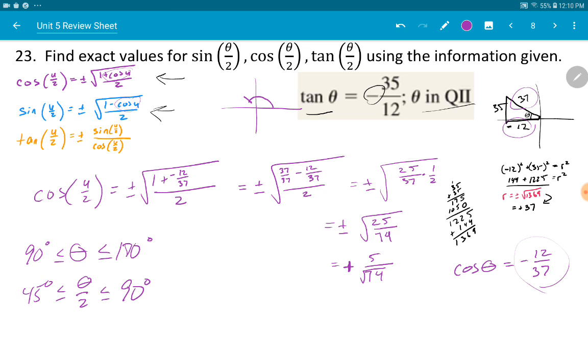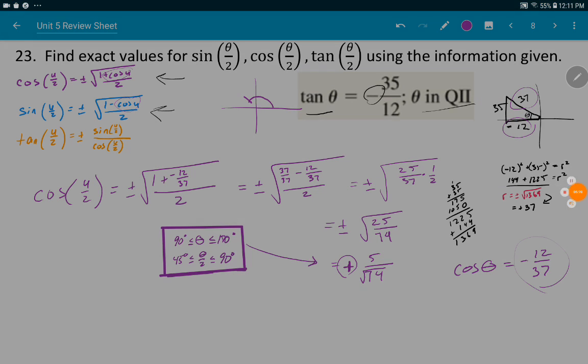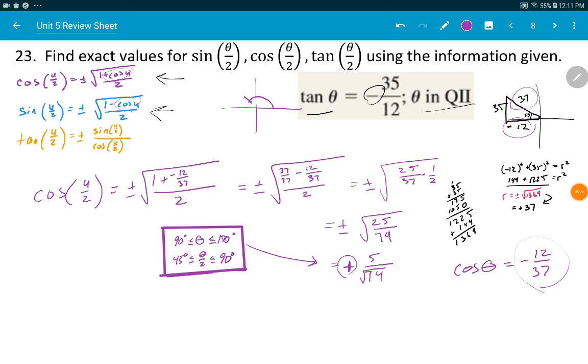So it's in quadrant 1, and cosine is positive in quadrant 1. This gives me that positive sign. If the angle's in quadrant 2, the half angle is in quadrant 1, so we use that for our sign.